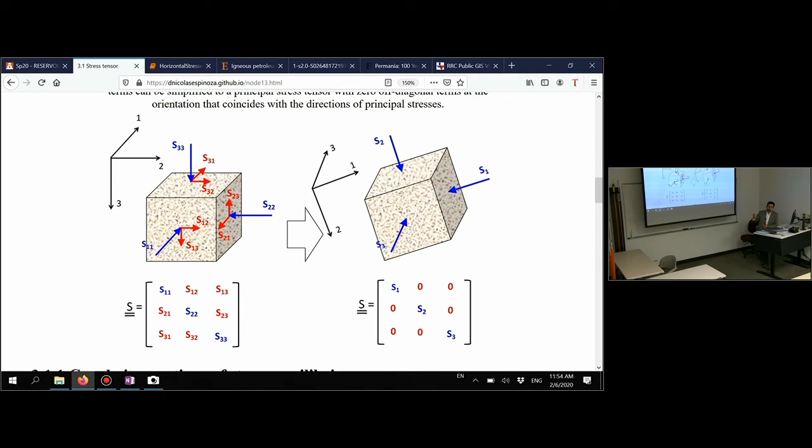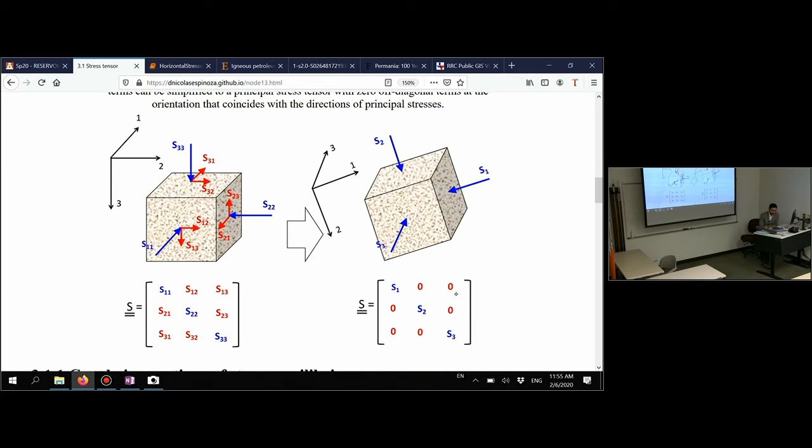If you were to see the stresses in some other direction, you would see that there are shear stresses, but there is just one direction in which you will just see normal stresses and no shear stresses. And mathematically, we see that as a matrix in which we just have values in the diagonal and zero values in the off-diagonal terms.